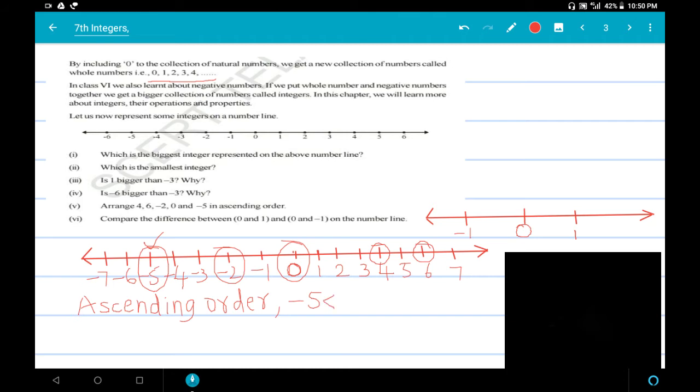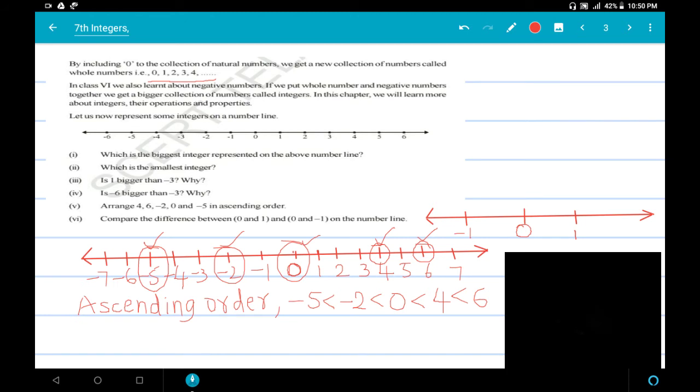Next, less than, next number is minus 2. Next number is 0. Next number is 4. Next number is 6. Okay, confirm, understood?